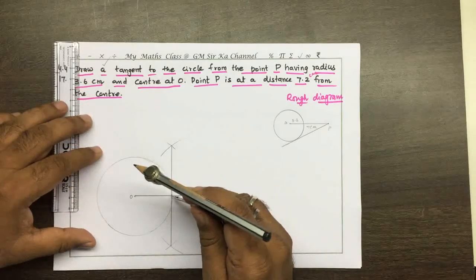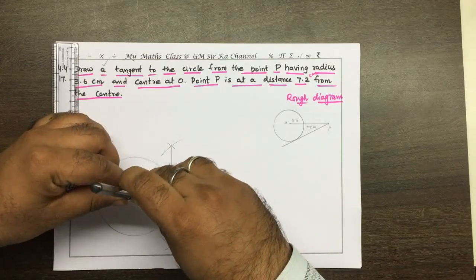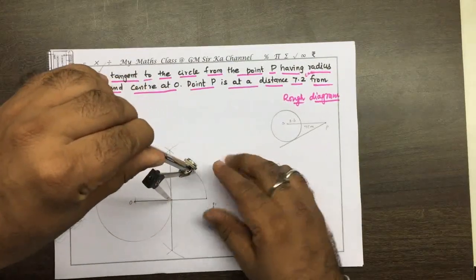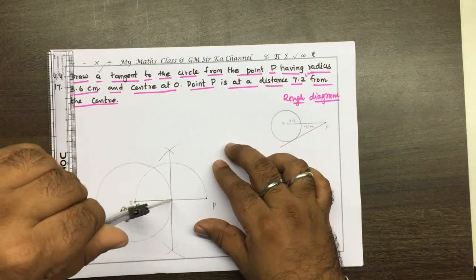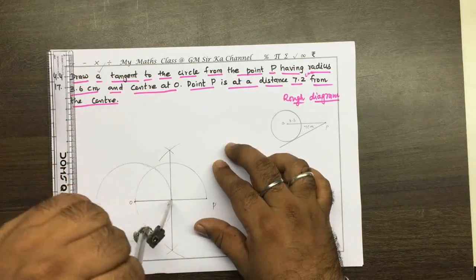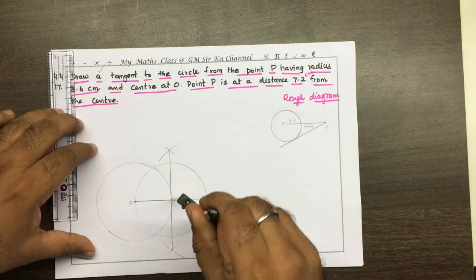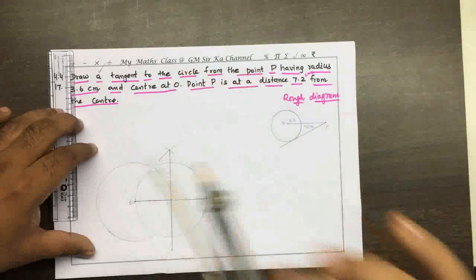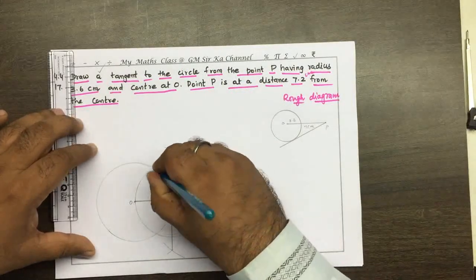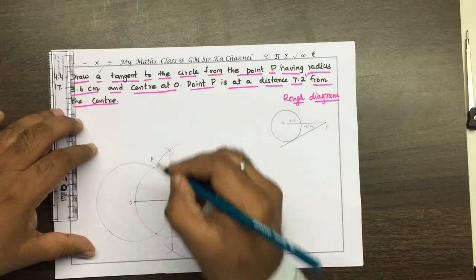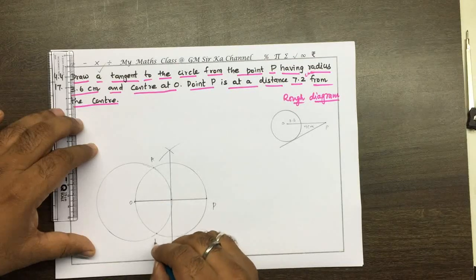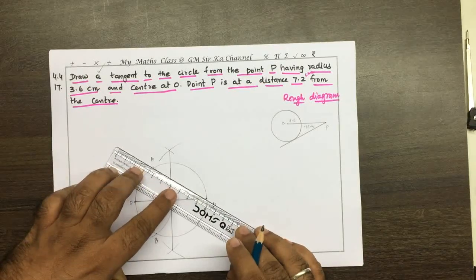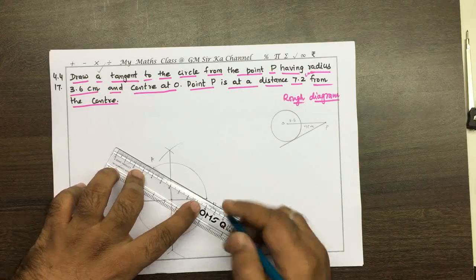From the midpoint of OP, we have to draw the circle which passes through O and P to intersect the previous circle at two points, and let the two points of intersection on the previous circle by the new circle be A and B. Two tangents can be drawn from the external point of the circle.